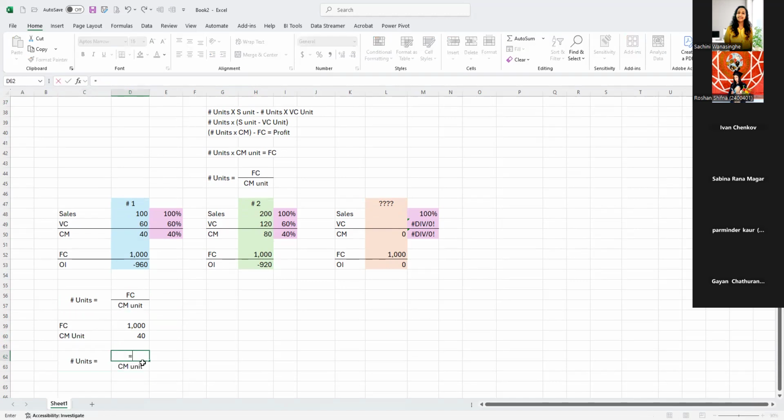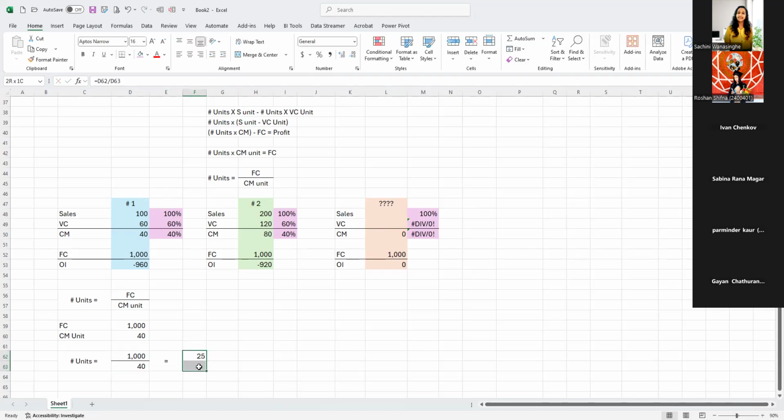That will be 1,000. This one will be $40. So how many units do I need to sell? 25. We need to sell this one divided by 40.